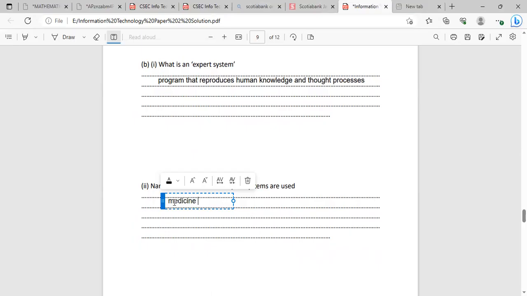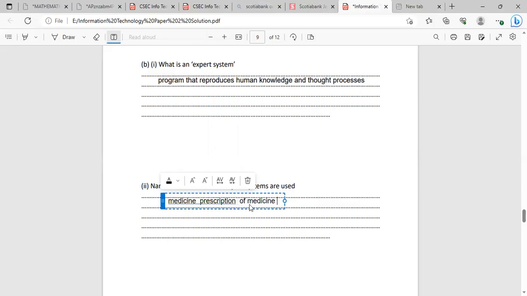So medicine, like we diagnose infections, blood disease, prescription of medicine, all of those, all right? And that's very important.